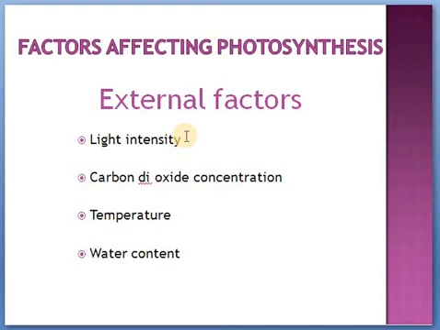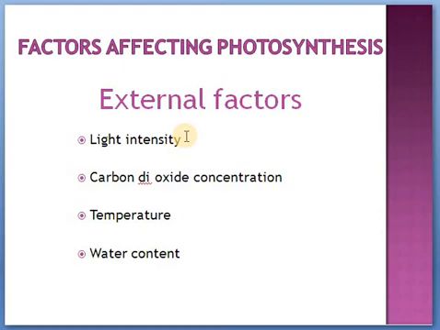700 nanometer is for red light, ending around 630 or something. Now in the blue wavelength, it would be from 490 to 450. So these wavelengths of light are actually good for photosynthesis. But if you Google it, you can find that yellow light is also very good for photosynthesis.